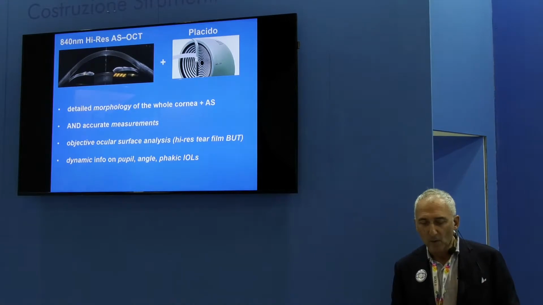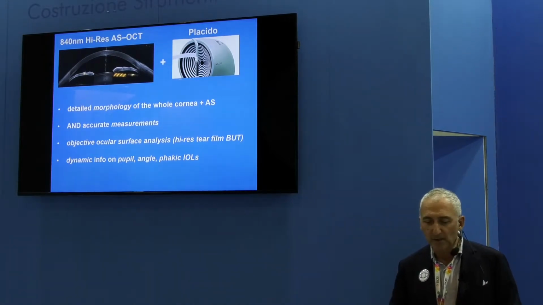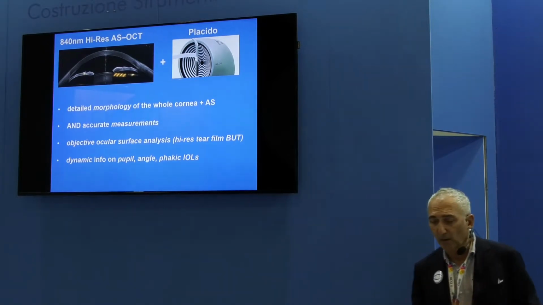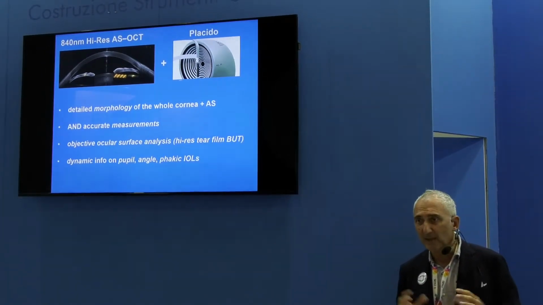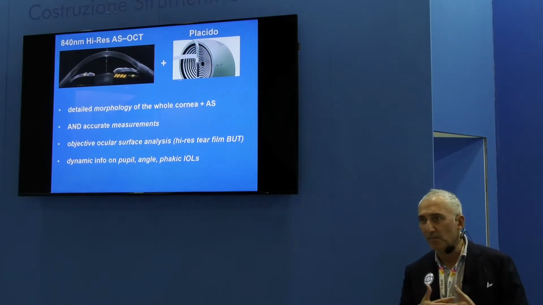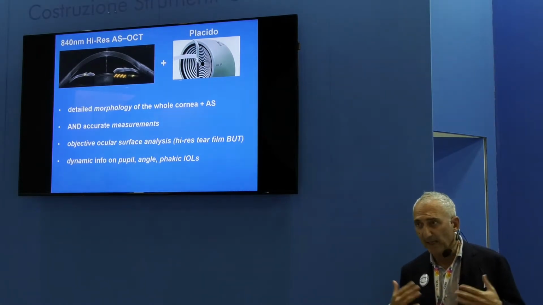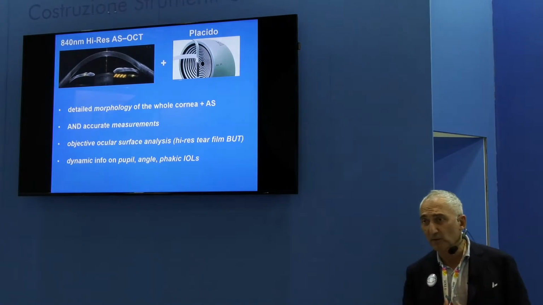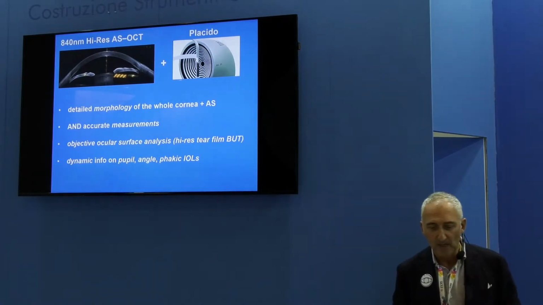So we can obtain with this new instrument an extremely detailed morphology of the whole cornea, of the whole anterior segment. And it's not only that we see beautiful images, it's that we can measure on them, so our measurements will be extremely accurate.